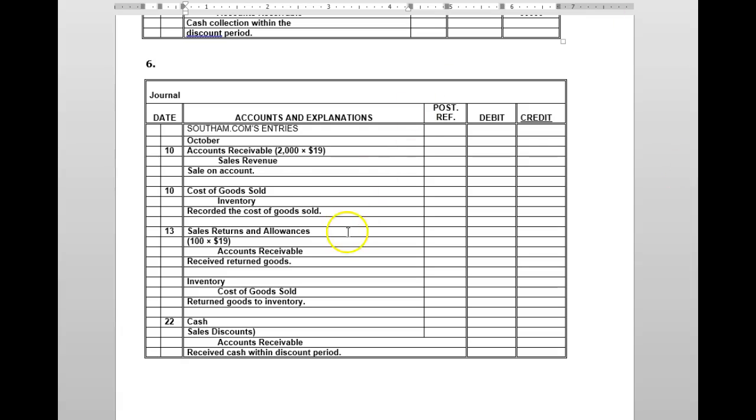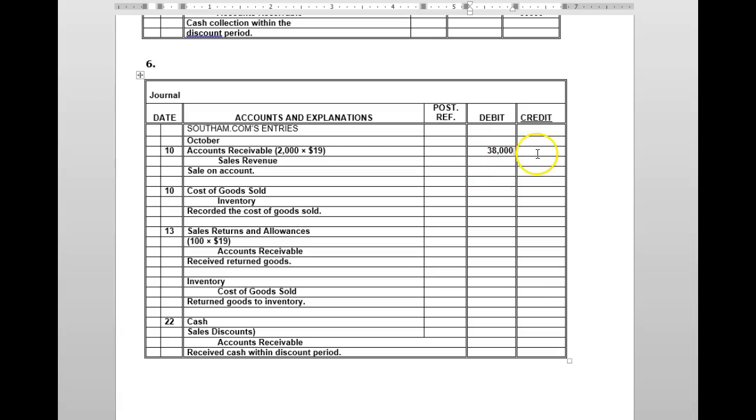First of all, we have accounts receivable. We got to record the sales. So they record this, and that's going to be a debit to the accounts receivable and a sales revenue. So your debit to the accounts receivable is going to be 2,000 times $19, so that's $38,000.